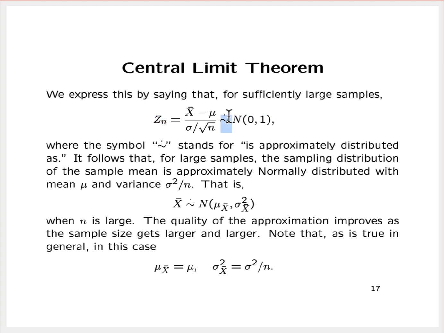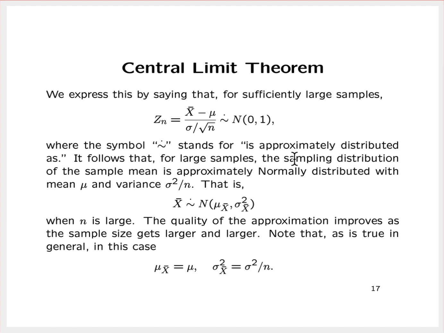I've got my tilde here with a dot on top of it, and what that means is "approximately distributed as." So while we may not know the true sampling distribution of Z sub n, we can approximate it by the standard normal distribution.